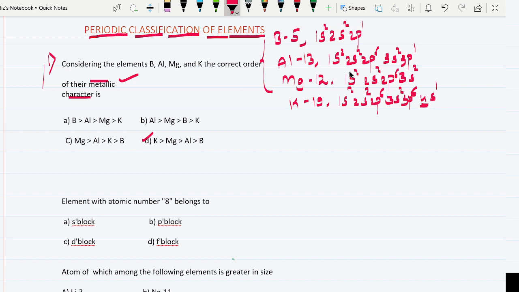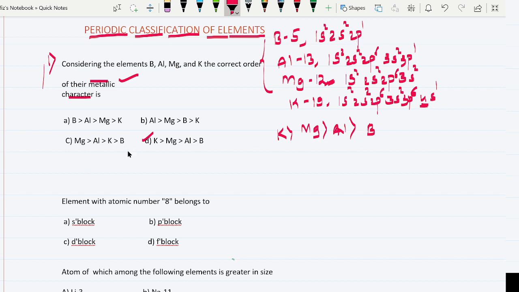Know this. See here, if you find two or more elements having the same number of orbits, then an element with smaller atomic number will be greater in size. So first greatest is potassium, then comes magnesium, and obviously now comes the turn of aluminium, and boron with the least number of orbits comes at last.